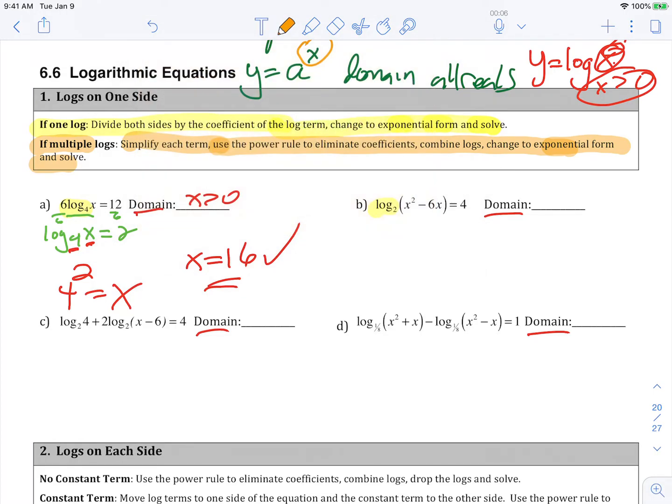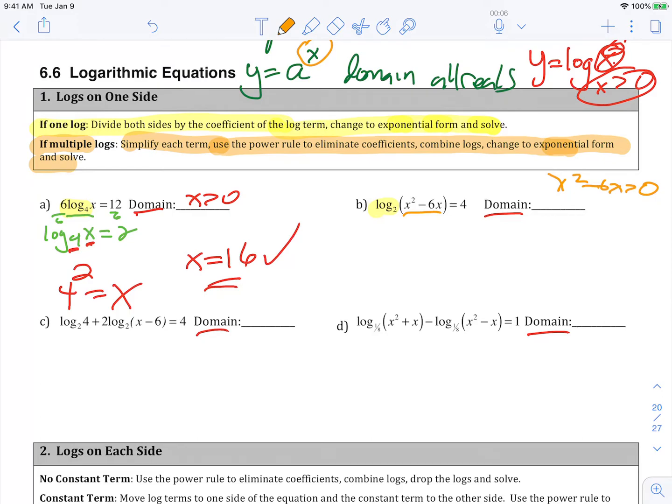Okay, let's try another one. So again, our domain, well, we would have to set this to greater than 0, and then we would solve, and this is a quadratic, and there are little tests we have to do, but if there's a problem that we get, we will check the answers, and then we'll see if that works.